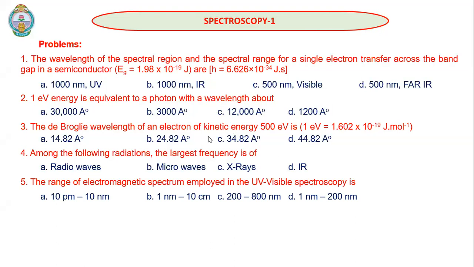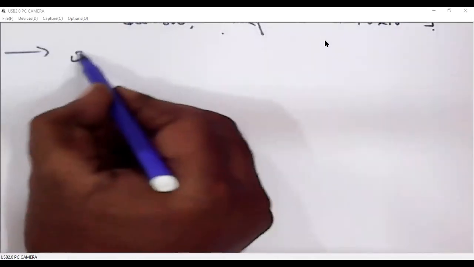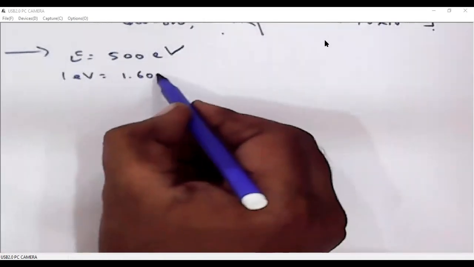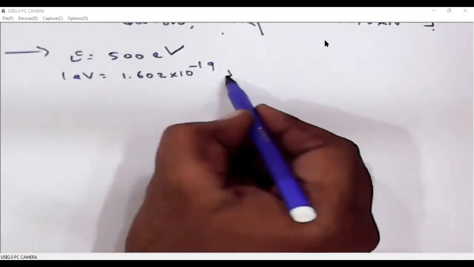Now we will see the third problem. The de Broglie wavelength of an electron of kinetic energy 500 electron volts is. We can simply calculate it. We were given energy as 500 electron volts. 1 electron volt is equivalent to 1.602 into 10 power minus 19 joules.